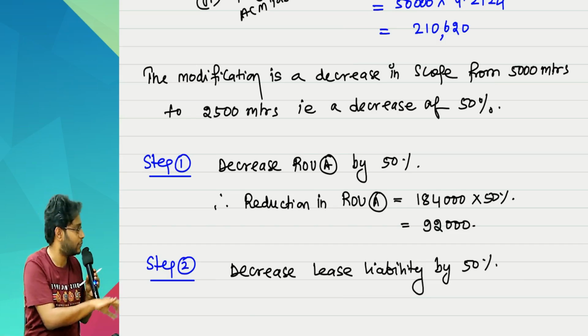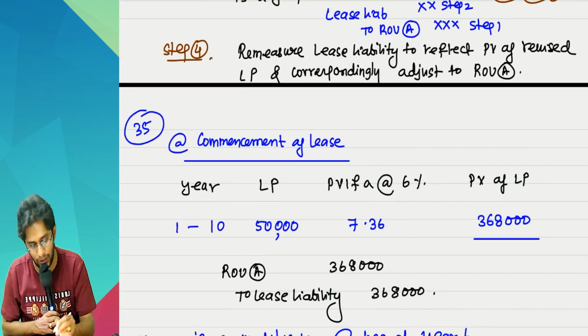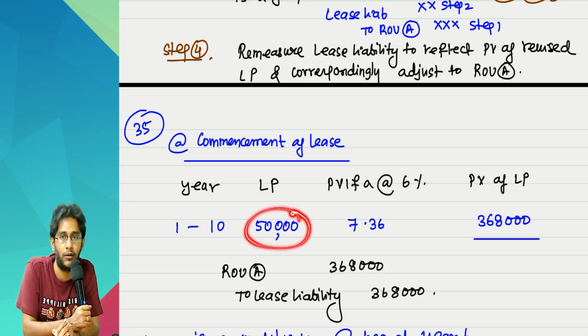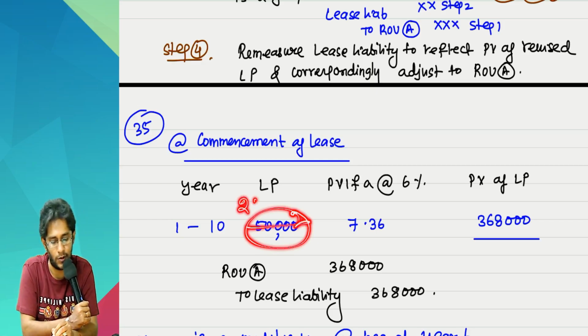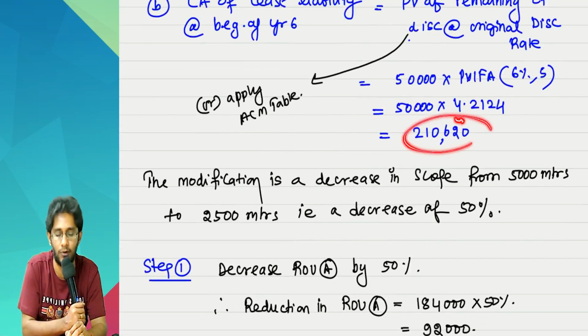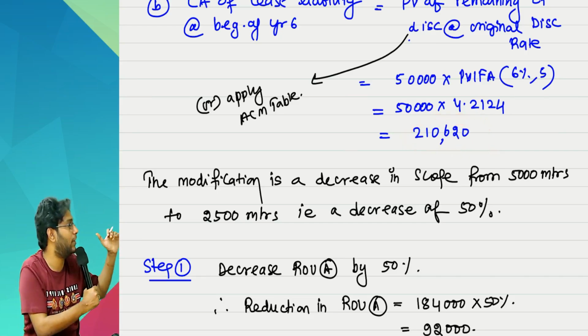In this sum, why it is working like this is, sir, first I am actually paying 50,000 for how many square meters? 5,000 square meters. Had I taken originally not 5,000 but 2,500, then in place of 50,000 I would have had 25,000. So half only I would have had. Therefore today also, instead of 210,620, I would have had 105,310. Are you understanding, sir?